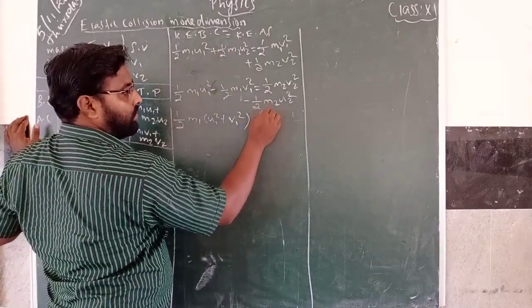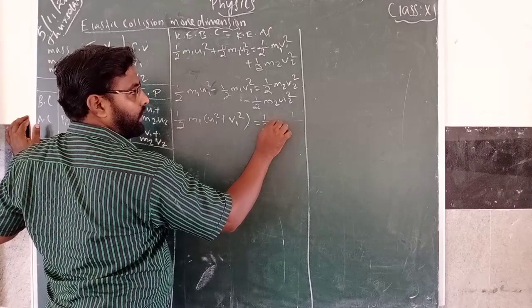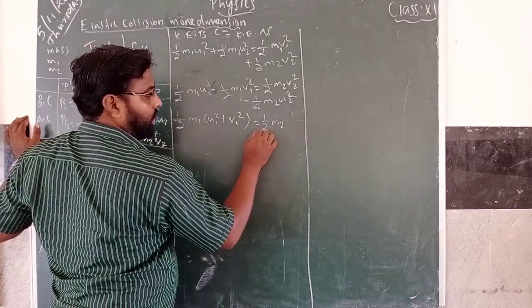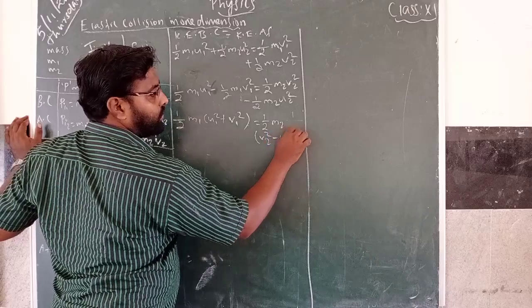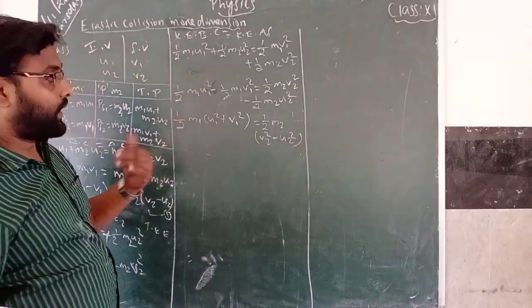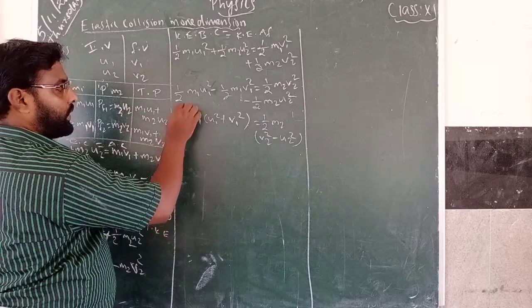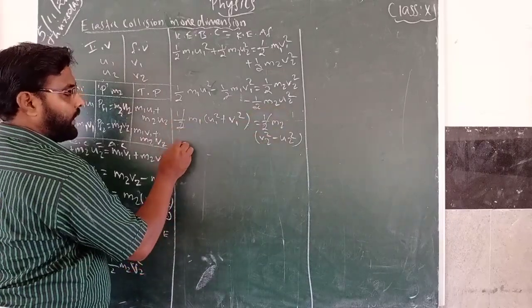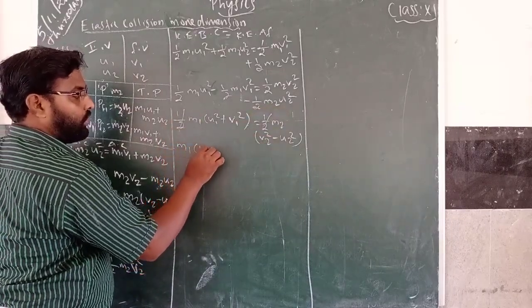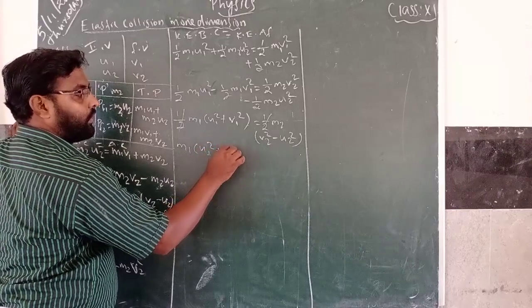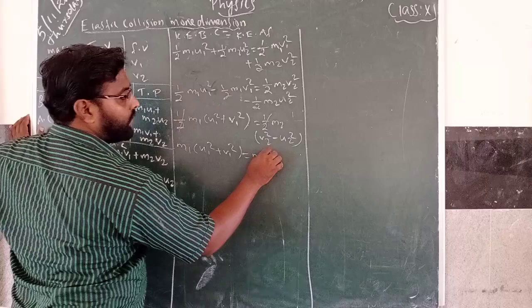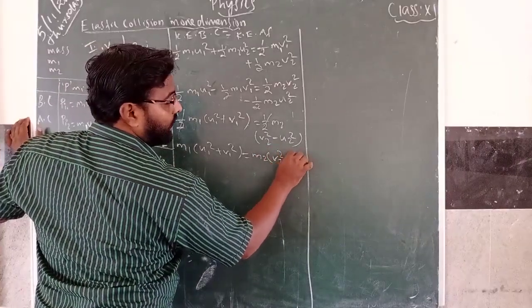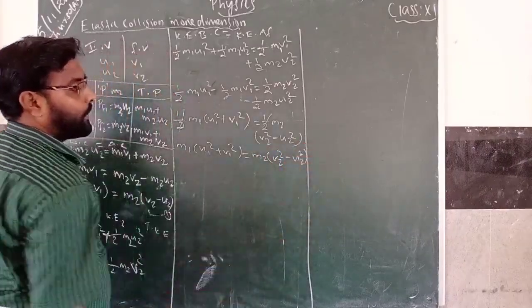So equal to half m2 into v2 square minus u2 square. Here half m2 is taken outside. Now cancel this half and half. Remaining: m1 into u1 square minus v1 square equal to m2 into v2 square minus u2 square.